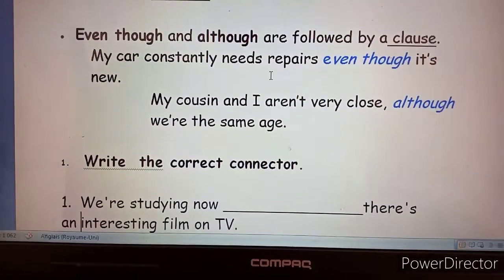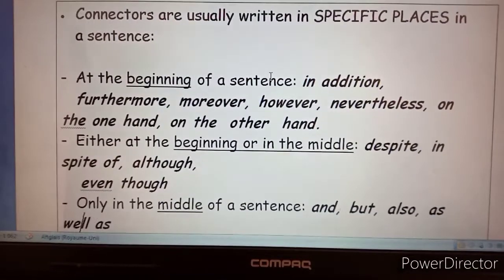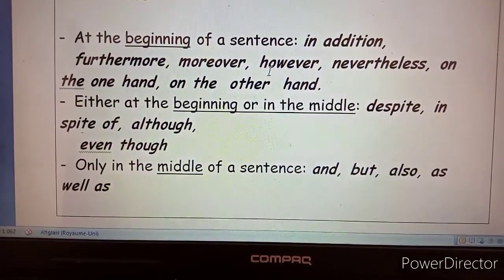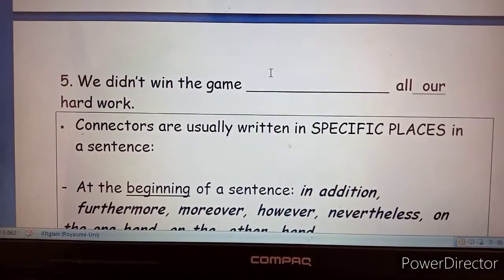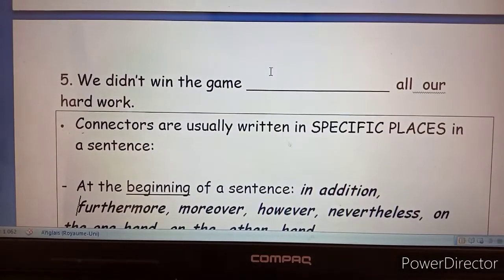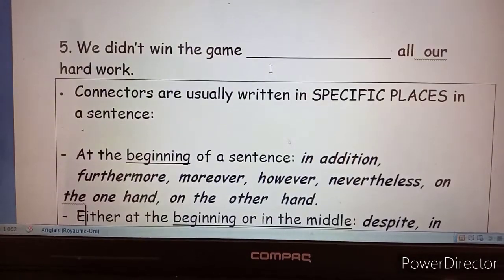Clear? So now let's move to another rule. In this rule we will see that the connectors are usually written in specific places in a sentence.